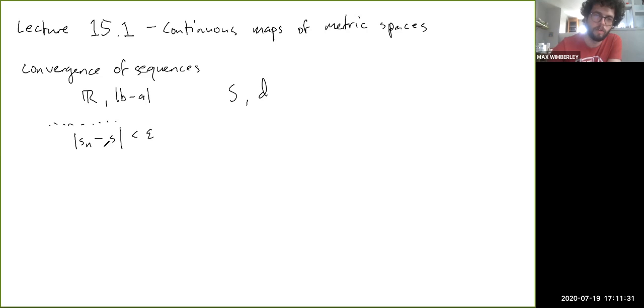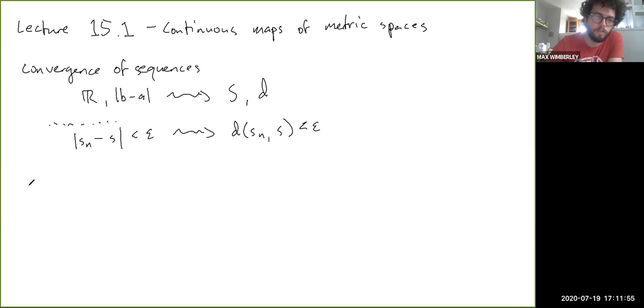And in this case, we ended up with just d(Sn, S) less than epsilon. So that's one way of generalizing the definition of convergence.